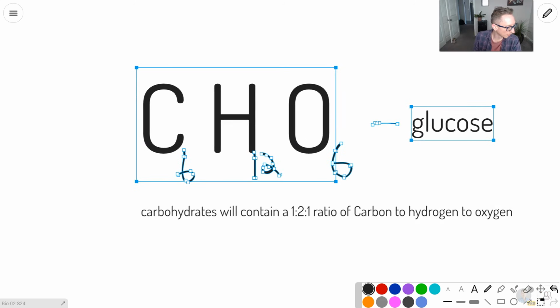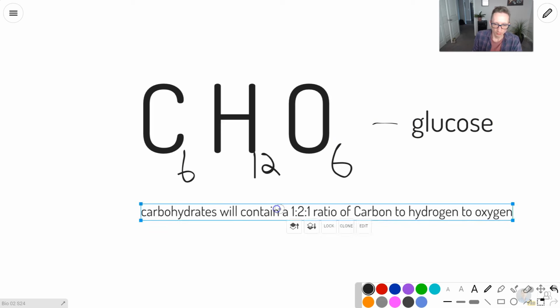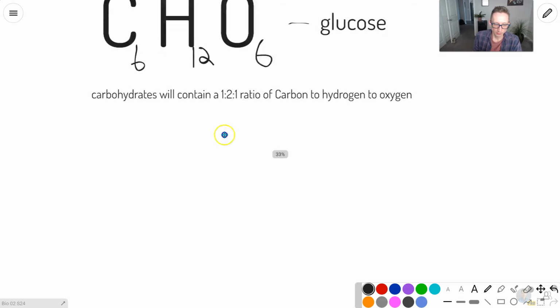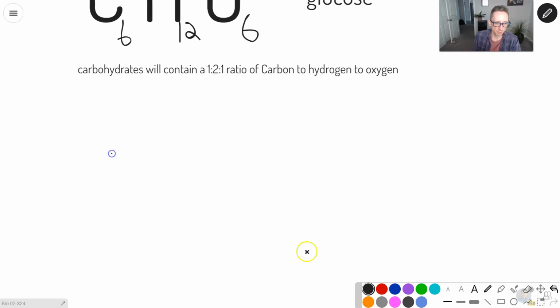All right, and let's draw a couple of different types of sugars. Well, let's just start with the basic stuff here. What is a monosaccharide? A saccharide is what? It is a single sugar, also known as a simple sugar.